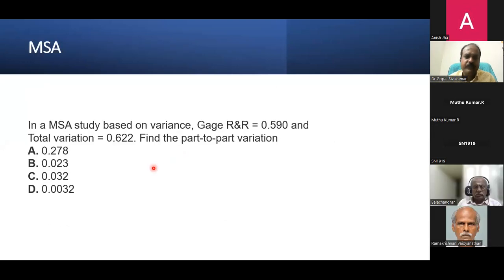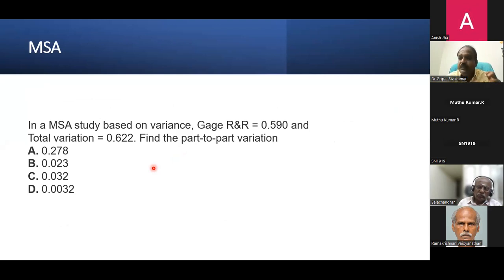In MSA, measurement system analysis, gauge study based on variance. Did we speak about gauge study based on variance as well as gauge study based on standard deviation? Every time you conduct a gauge R&R study, Minitab will generate two tables.